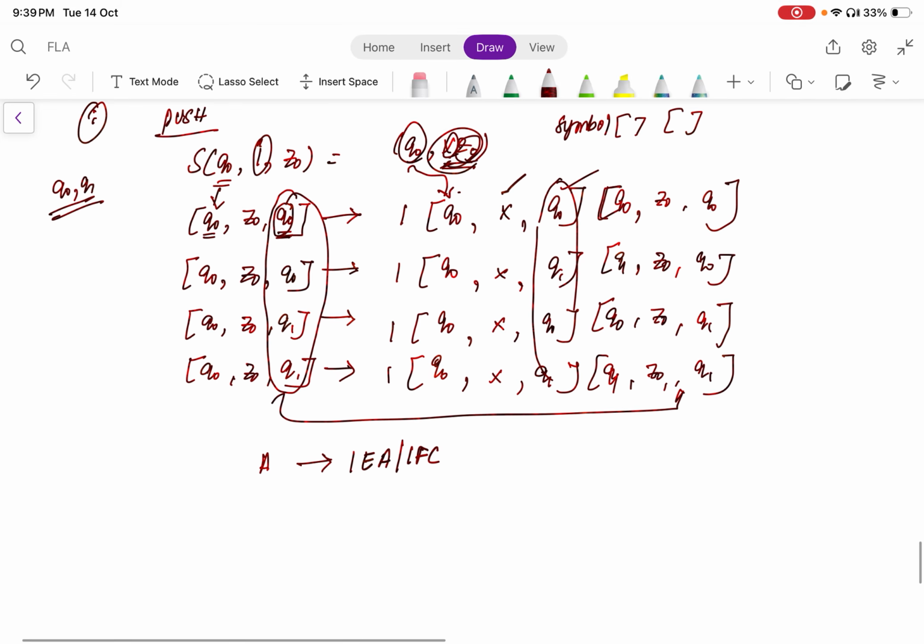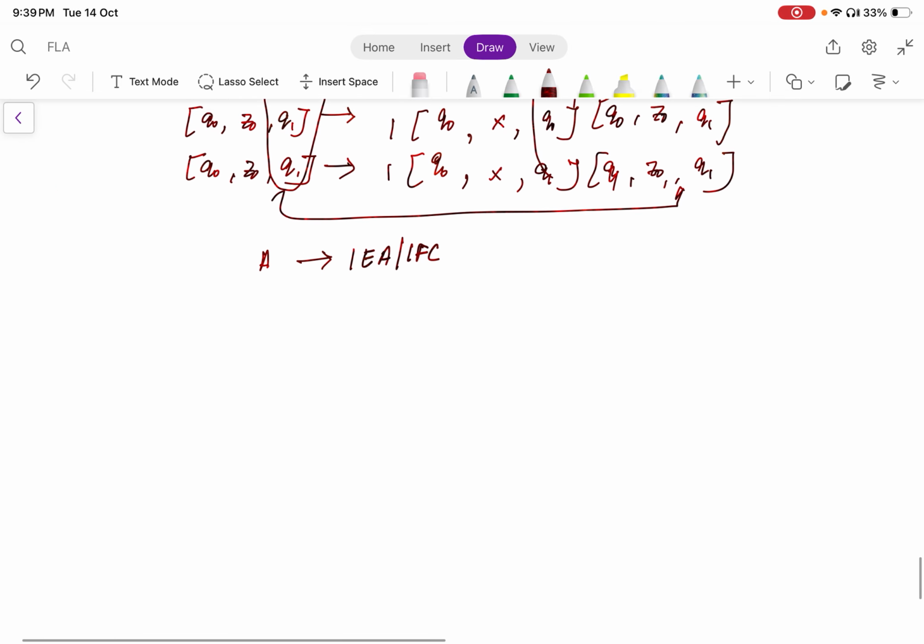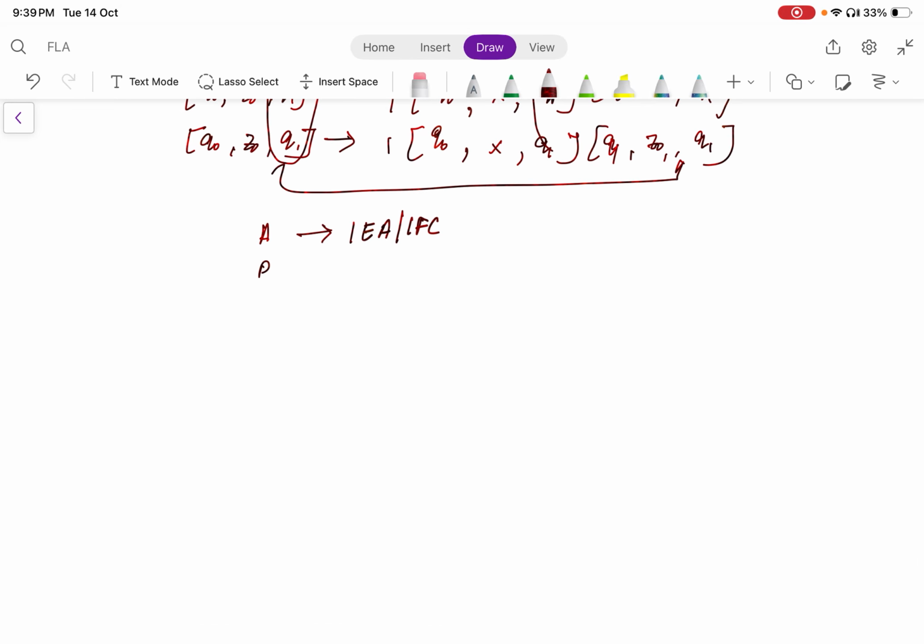The second one is also A, and this is F and C. This way you write the production rules for the others as well. So this is your final production of this particular push operation.